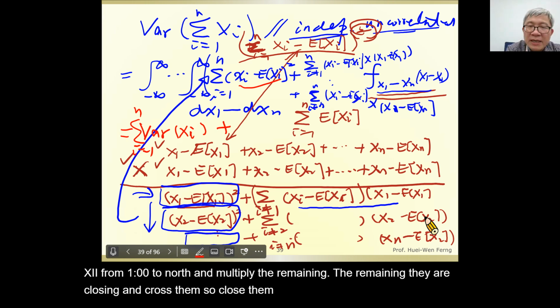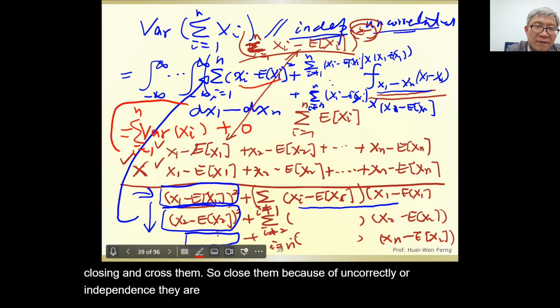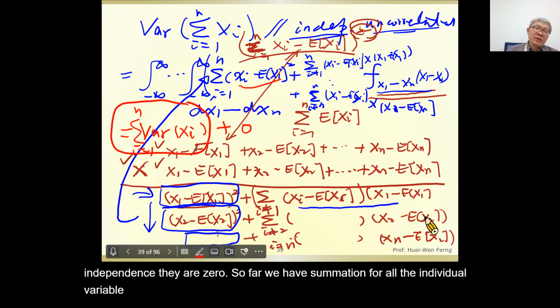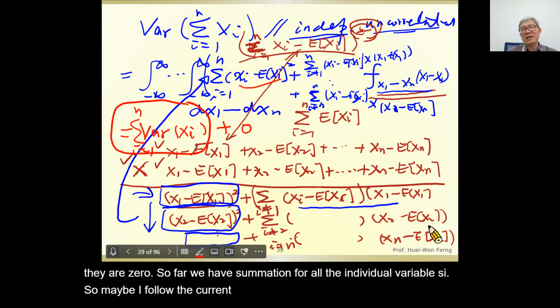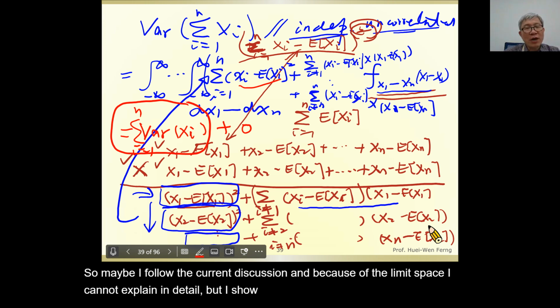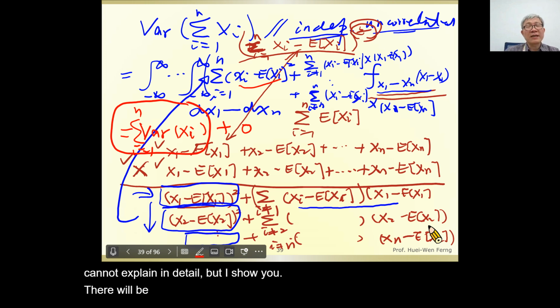Because of uncorrelated or independence, they are 0. So finally, we have the summation of variances for all the individual variables Xi. Because of the limited space, I cannot explain in detail, but I showed you they will be 0, and so those terms vanish.